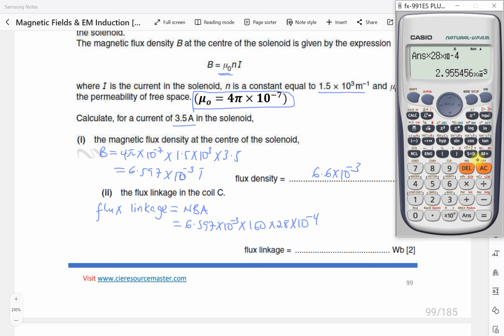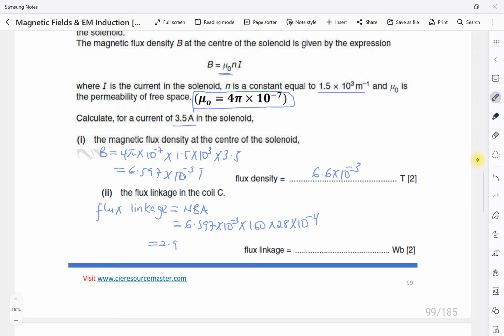So that is 2.955, or approximately 3.0. So that is 2.955 times 10 to the power of minus 3, which is approximately 3.0 times 10 to the power of minus 3 Weber.